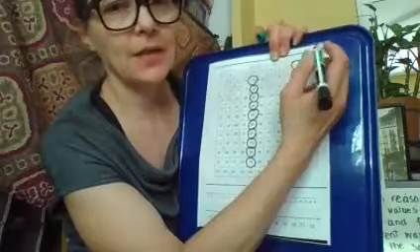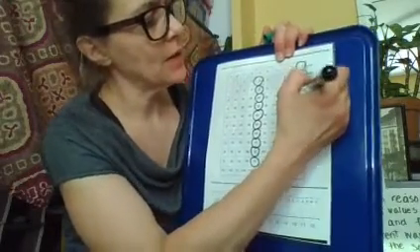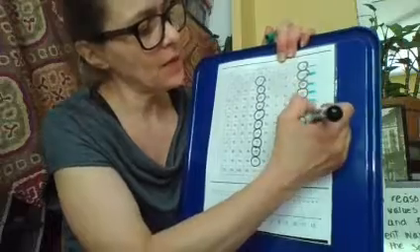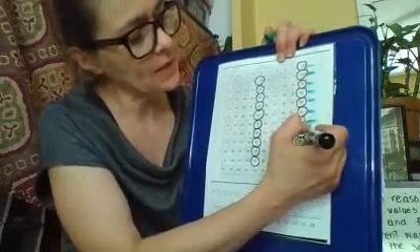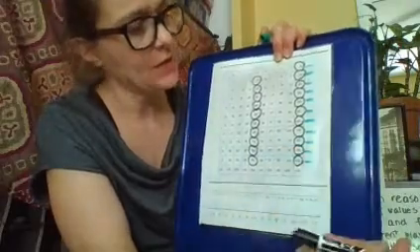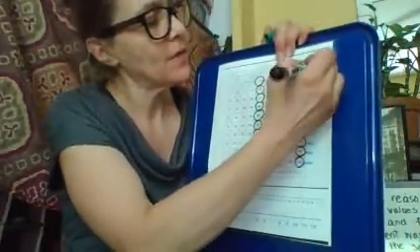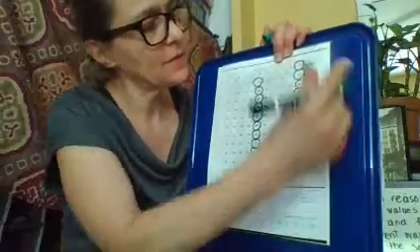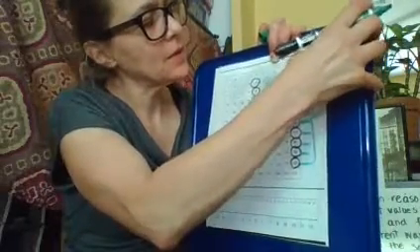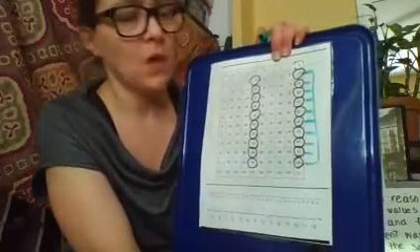Right? So let's do the tens now. We have 0, 10, 20, 30, 40, 50, 60, 70, 80, 90, 100. And remember we have 10 tens, not including the 0 here. 10 tens will equal 100.